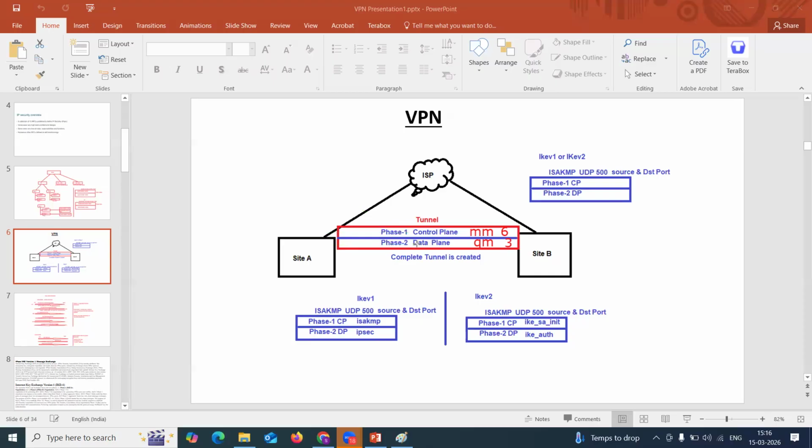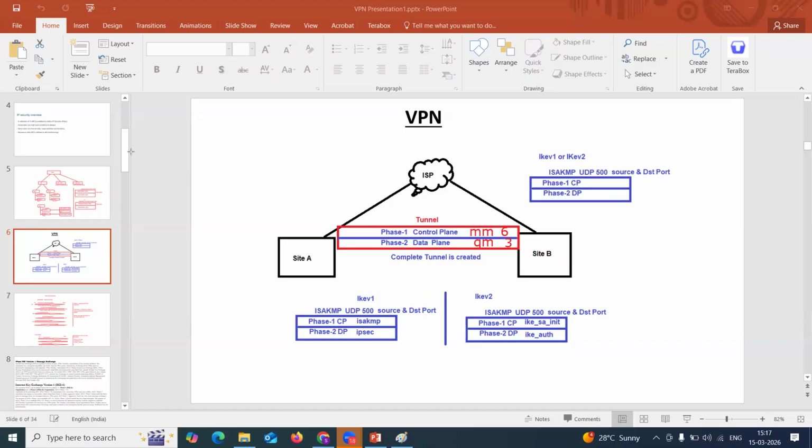But before that, understand that this entire message exchange, whether IKEv1 phase 1 or phase 2, or IKEv2 phase 1 or phase 2, passes through a protocol called ISAKMP. All these 9 message exchanges pass through ISAKMP, and ISAKMP uses UDP port number 500 for source and destination.